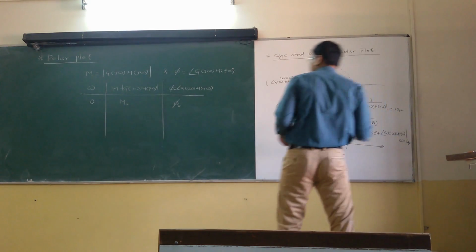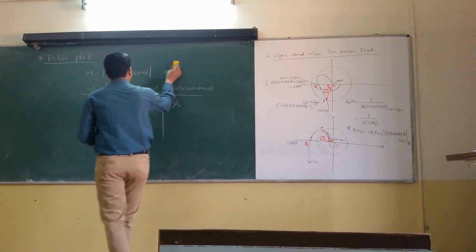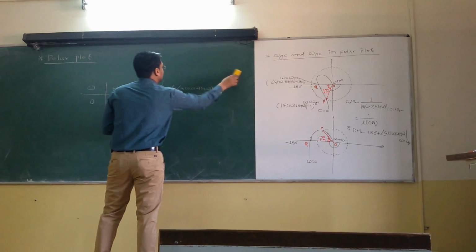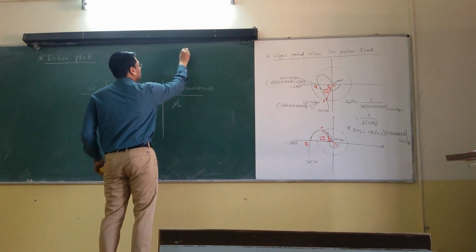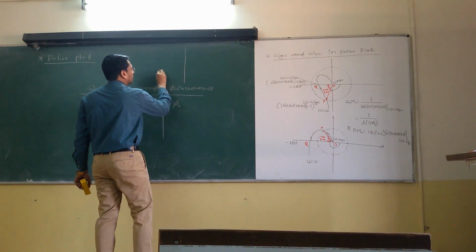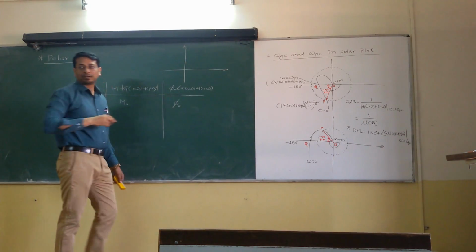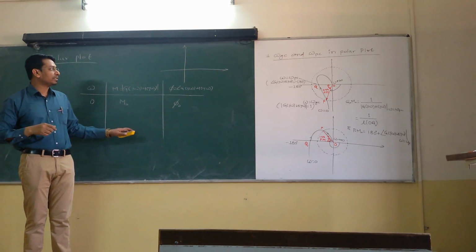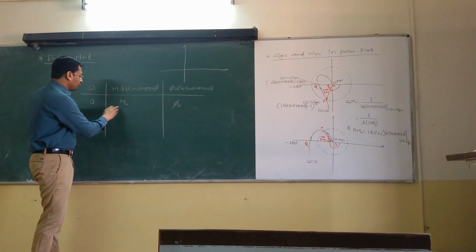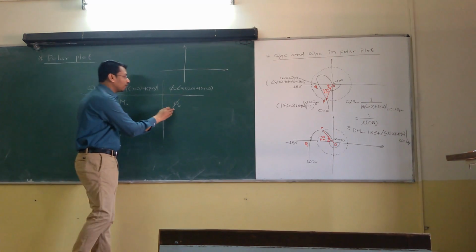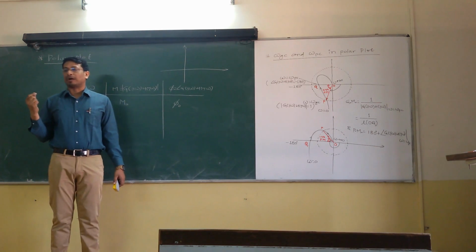Then suppose we are having the frequency domain axis like this. So it is similar to the polar plot you might have studied in your 12th standard or 11th standard. So if you have some magnitude m0 and some angle phi 0, it is a unique point.